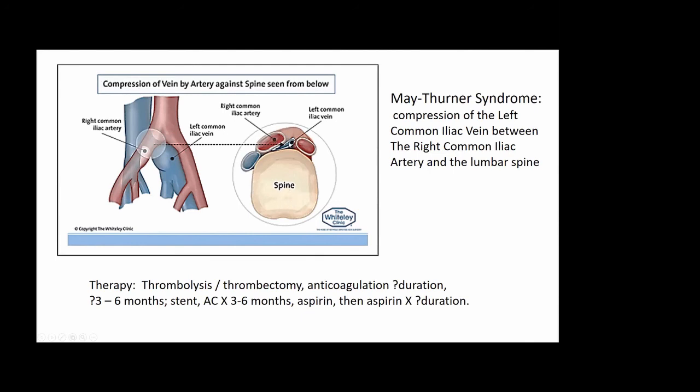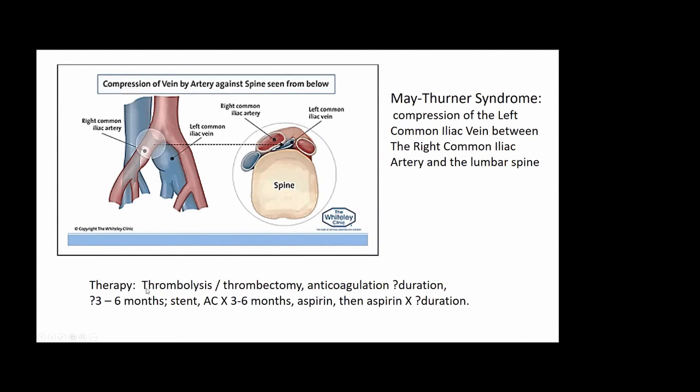The arteries are on top of the vein, and they're muscular, and the veins are thin-walled and have low flow. So the right common iliac artery presses and flattens the left common iliac vein. This is May-Thurner syndrome. It's common. It's a cause of usually left leg DVT.